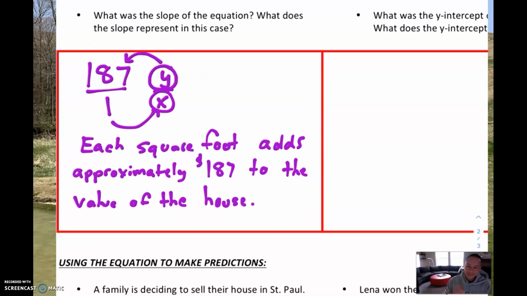So that's the slope. Take the slope, write it as a fraction with a 1 on the bottom, and then interpret it using the y and x variables.